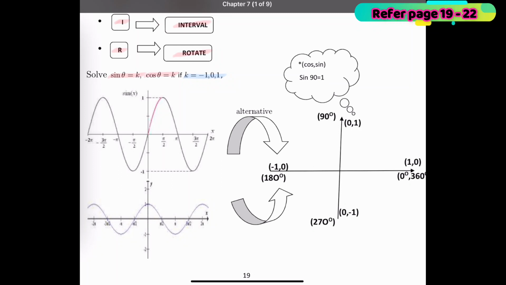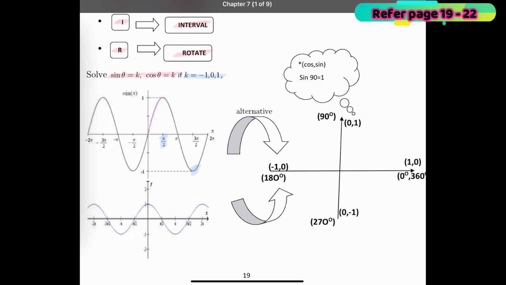When k equals 1 for sin theta, the answer will be pi over 2. And if we take sin of 3 pi over 2, then the answer will be -1.